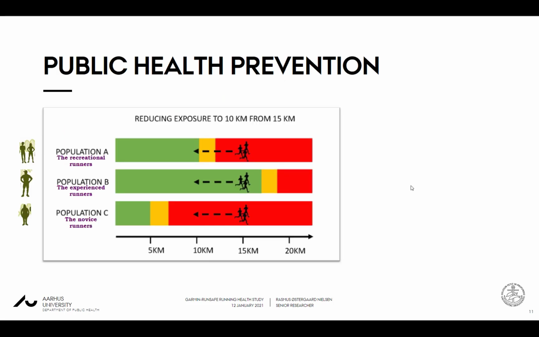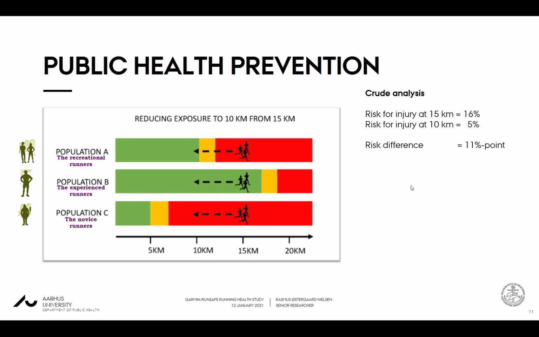So if we want to make public health prevention and recommend everyone to do the same, then we could make an analysis where we want to investigate just the association between running 15 kilometers and running 10 kilometers. So say that the risk of injury amongst those running 15 kilometers is 16% and the risk of injury amongst those running 10 kilometers is 5%.